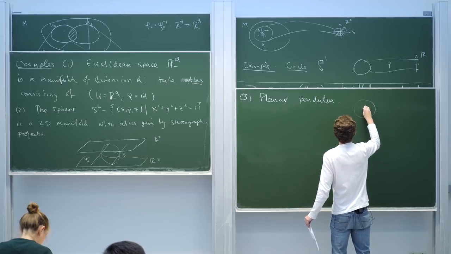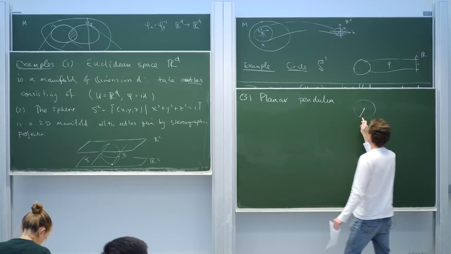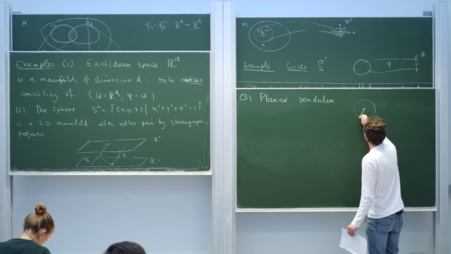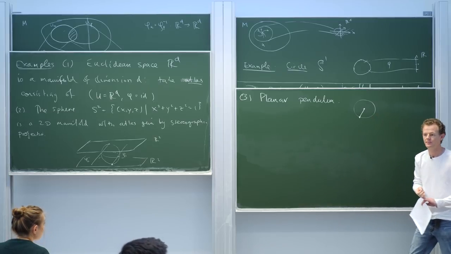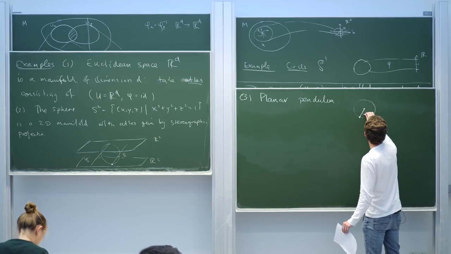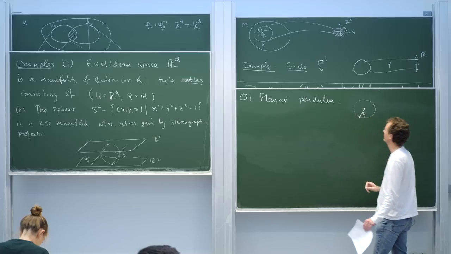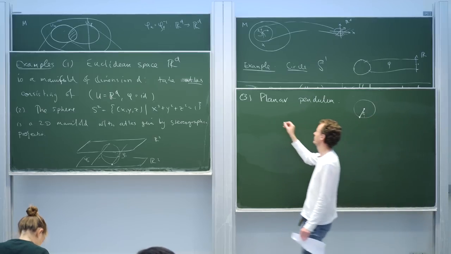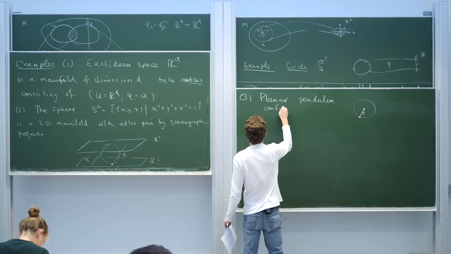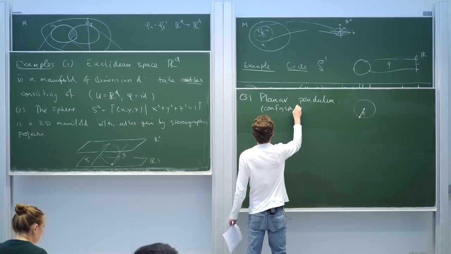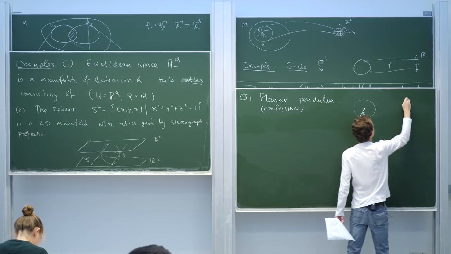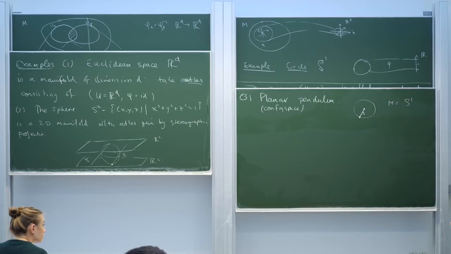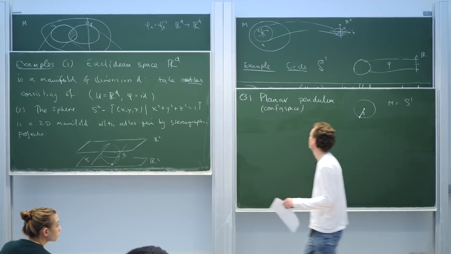If you have a planar pendulum, with a rigid weightless rod and a mass, no friction, and all the conditions that you like, the configuration space is a manifold. And the manifold, of course, is just S1. That wasn't too hard.